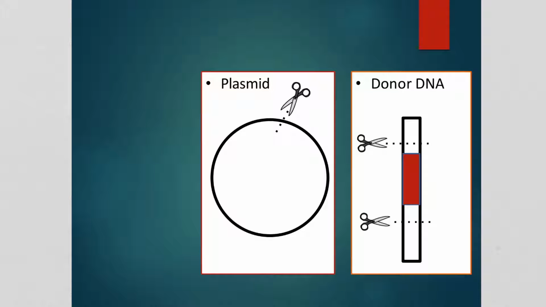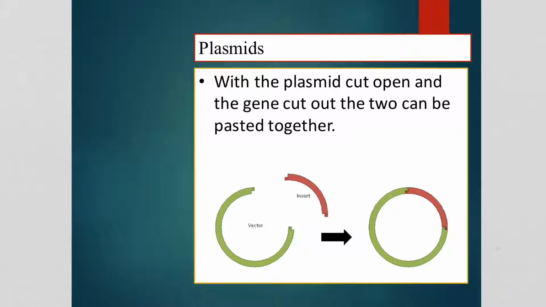If we look at our diagram, our plasmid is the circular piece of DNA that we want to insert the gene into, so we need a restriction enzyme that cuts it in one place to open it. That same restriction enzyme needs to cut above and below the gene that we're trying to insert into the plasmid. So on our human DNA or other organism's DNA, we cut above and below the gene we want.